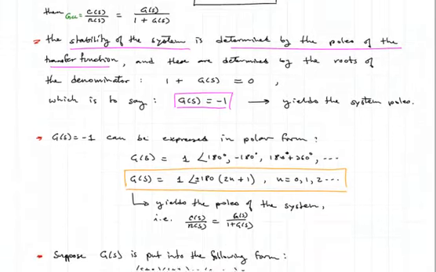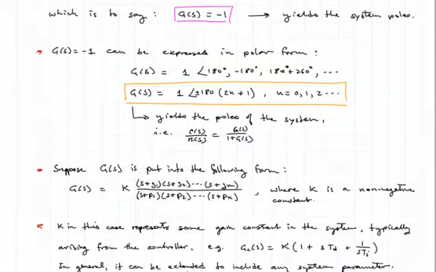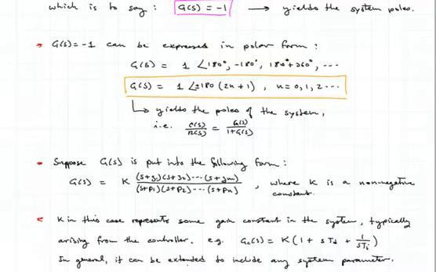So G(s) equal to -1 comprises two requirements. One is that if we express G(s) in polar form, we have a magnitude requirement and an angle requirement.